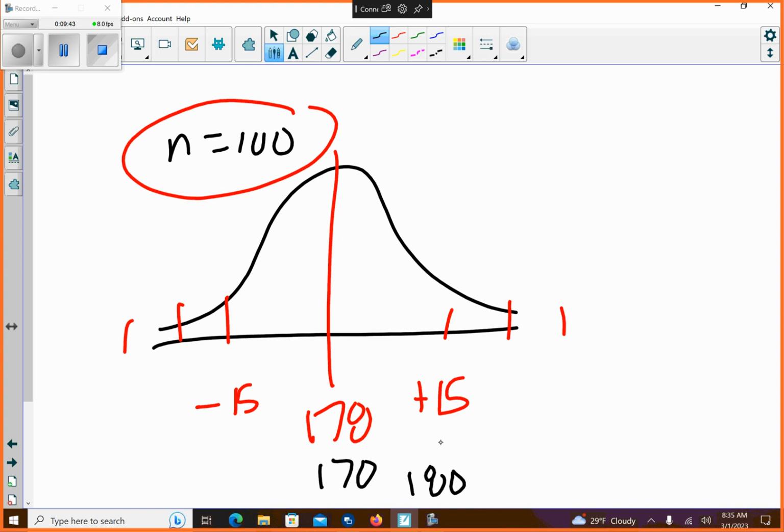And the answer is no. 100 is a really good random sample. It's a really good number. It's way above 30. But is it enough to say that our data is good or bad?